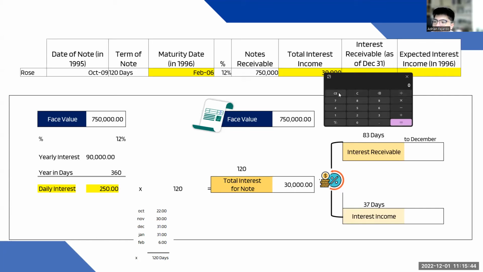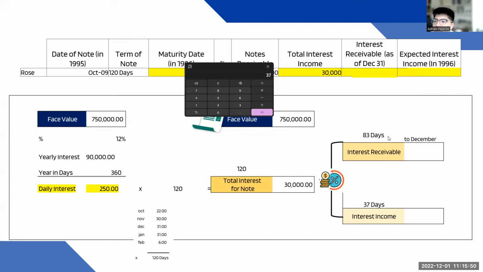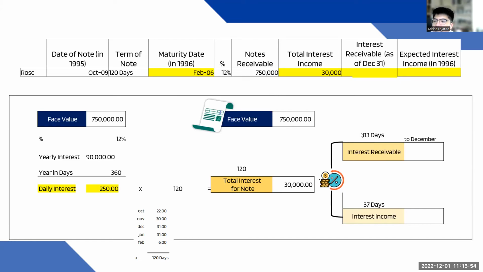And then, 120 minus 83, 37. So 83 to December, 37 yung remaining. So now, 83 times the daily interest of 250 will give you 20,750, and 37 times daily interest of 250 is 9,250, right?